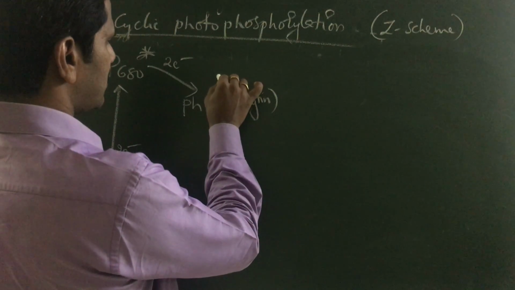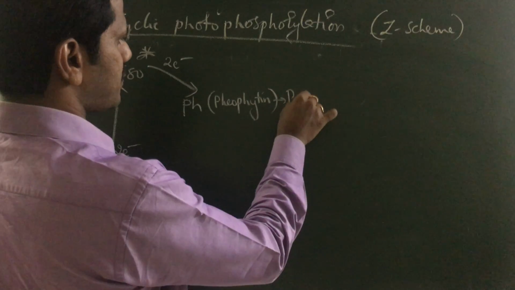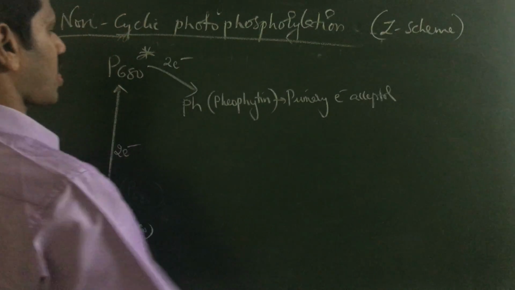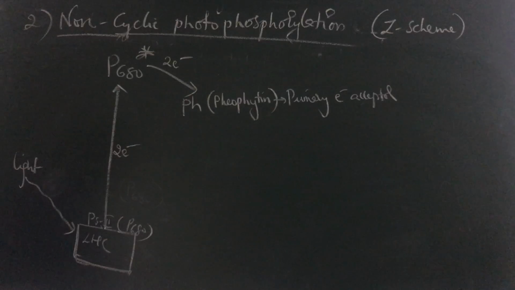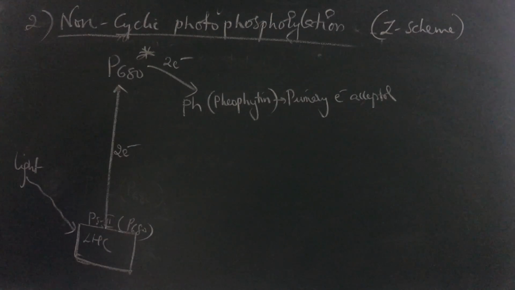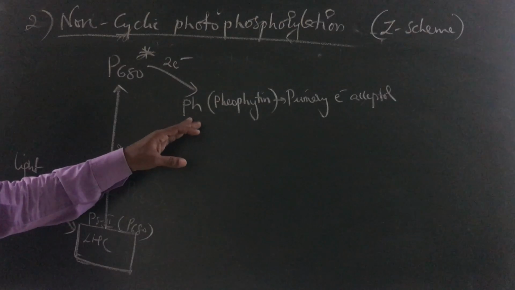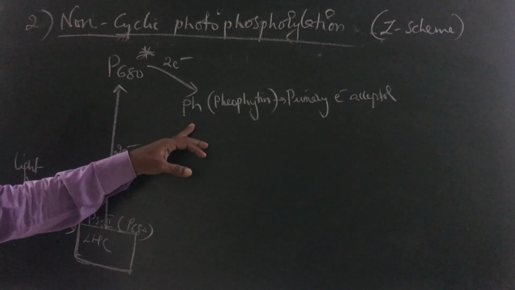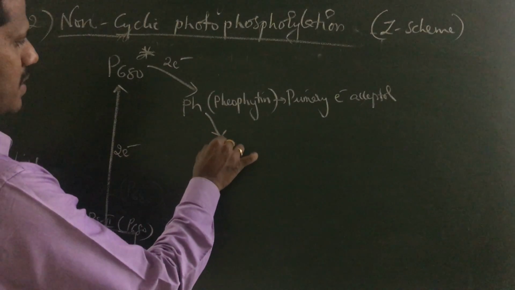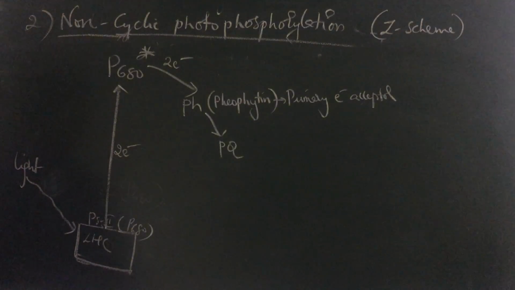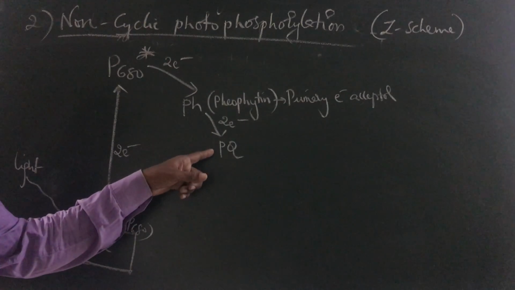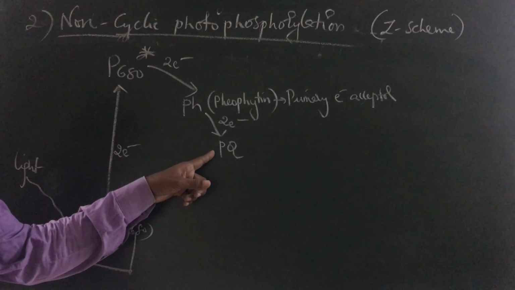Now, from pheophytin, the electrons will move to plastoquinone, PQ. So this is also similar to cyclic. First one electron will be accepted by the plastoquinone.